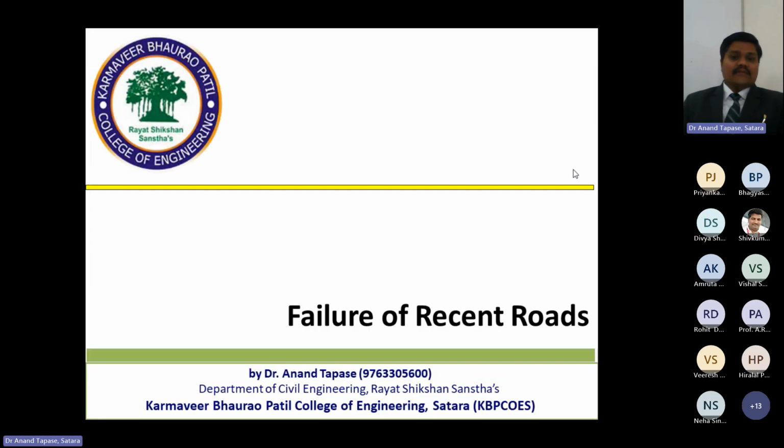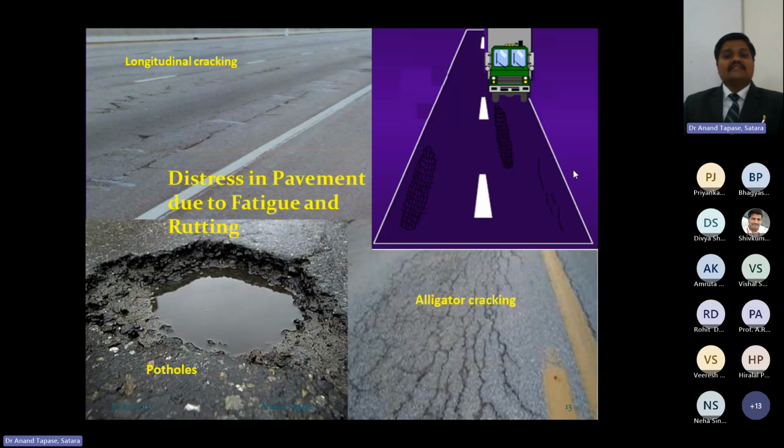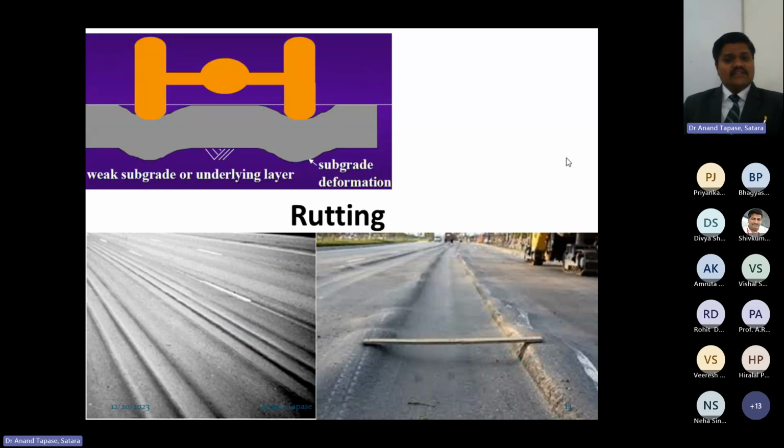But exactly speaking, on similar lines, we have also witnessed the failures of roads in the form of alligator cracks, distresses in the pavement due to fatigue and rutting. There are a number of potholes which we have already seen in a number of cases. This is the scenario: due to the weak subgrade, such rutting parameters are also being considered.